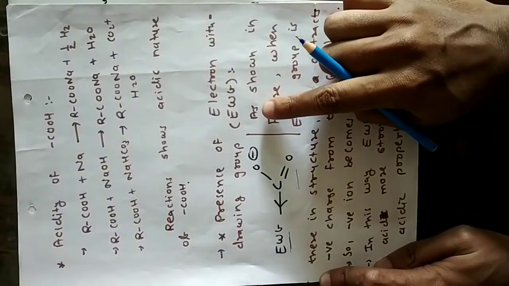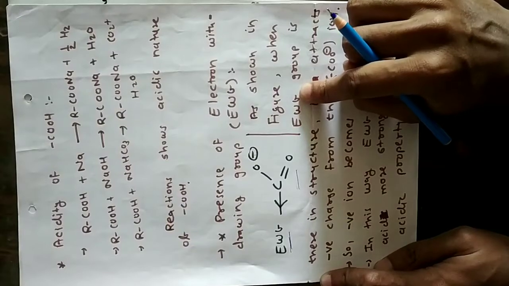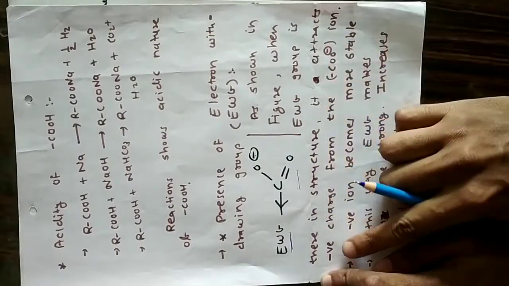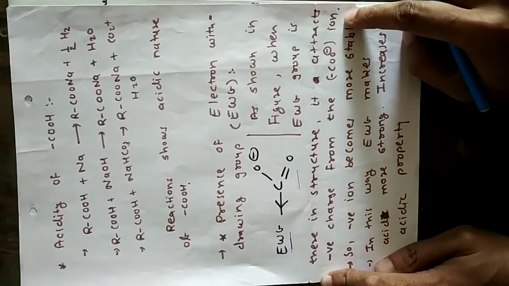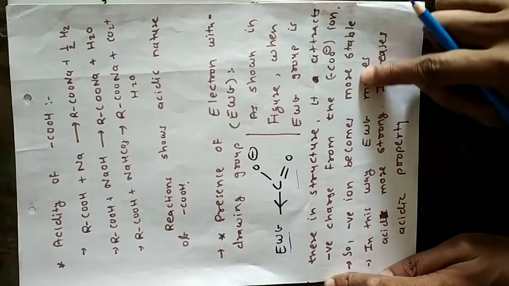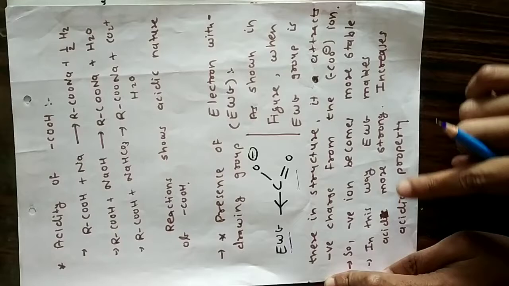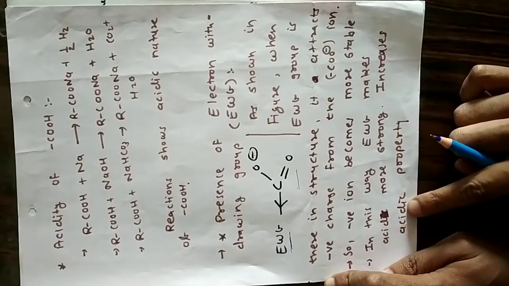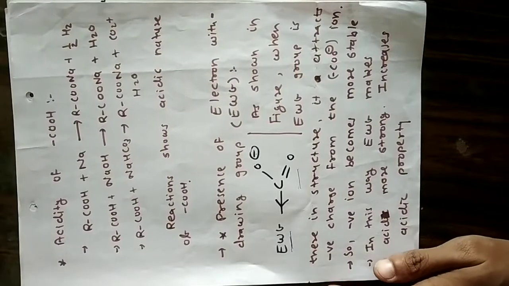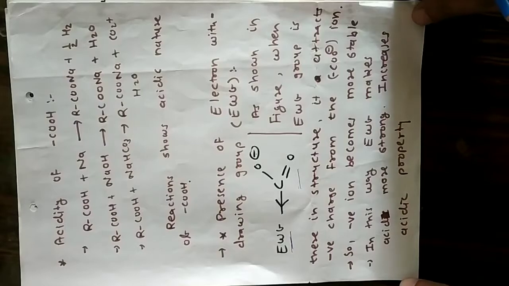So here I have written, as shown in figure, when electron withdrawing group is there in structure, it attracts negative charge from the COO minus ion. So negative ion becomes more stable. In this way, electron withdrawing group makes acid more strong, increases acidic property. So presence of electron withdrawing group makes acid more strong.